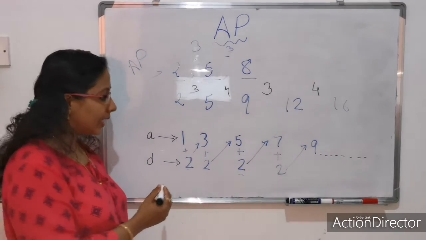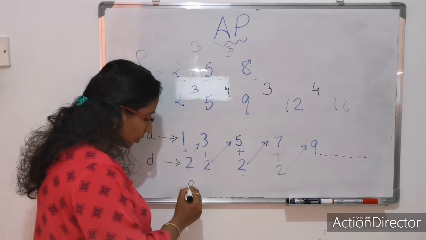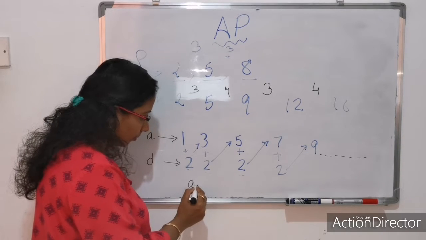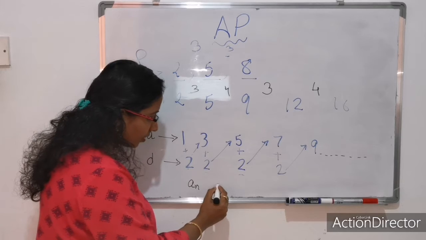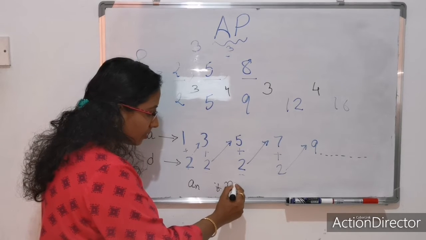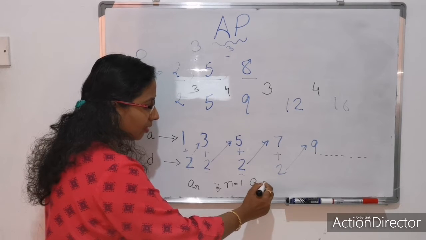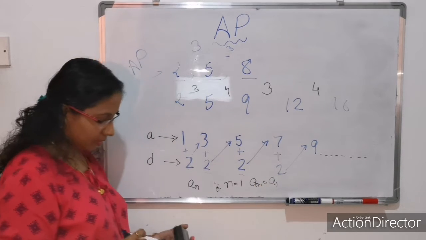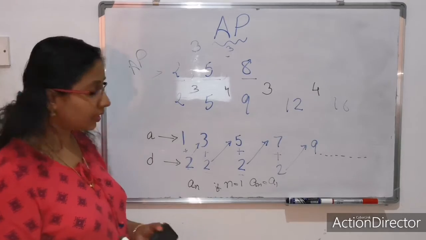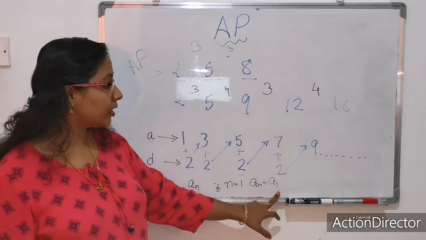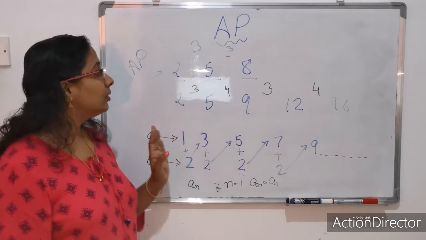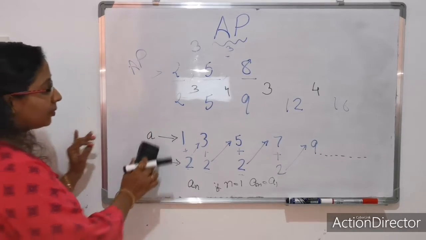So the nth term is known as an. If n equals 1, then an equals a1. Got it? This is the basics.